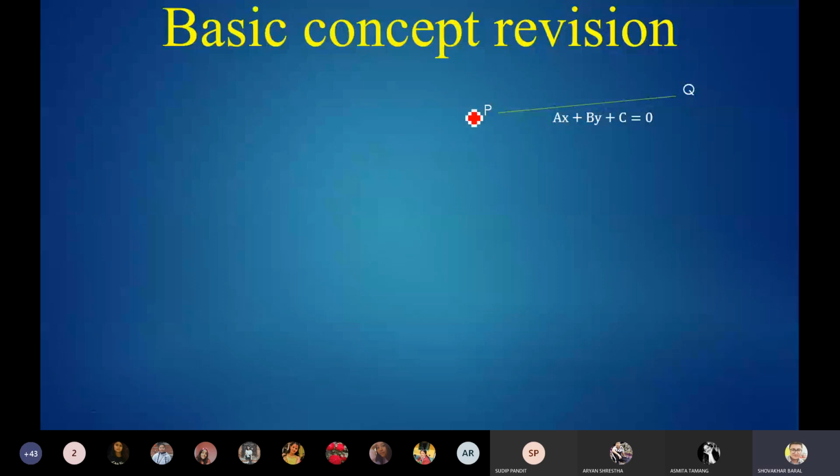What you need to be clear with is that this is the general equation of first degree. General equation of first degree means the equation in which the degree of x and y are 1.